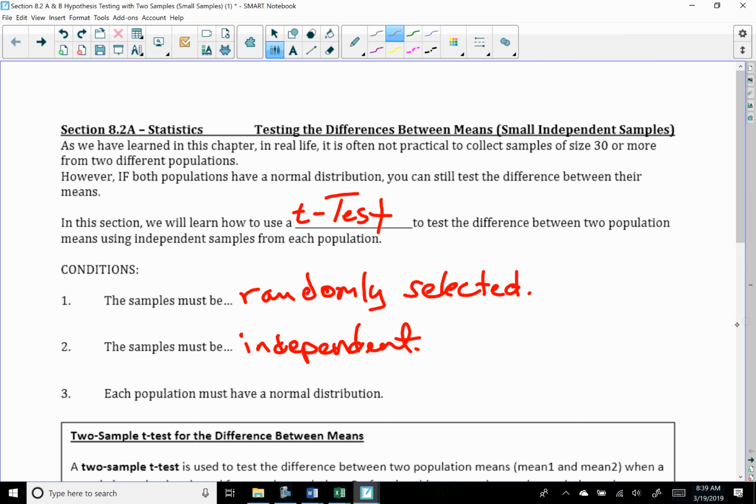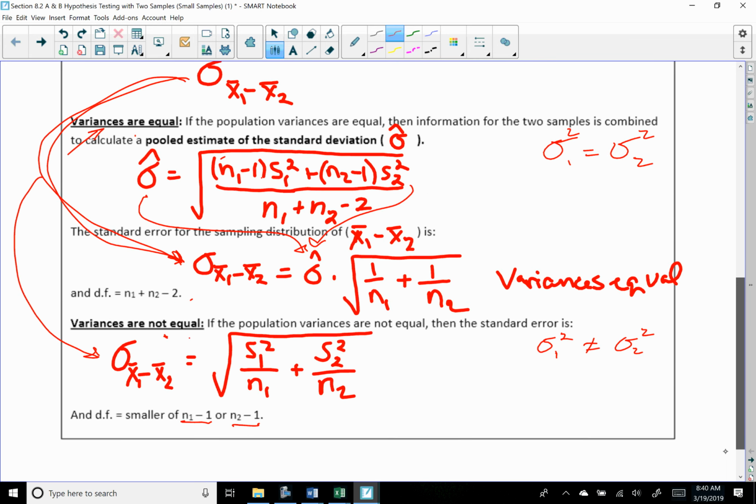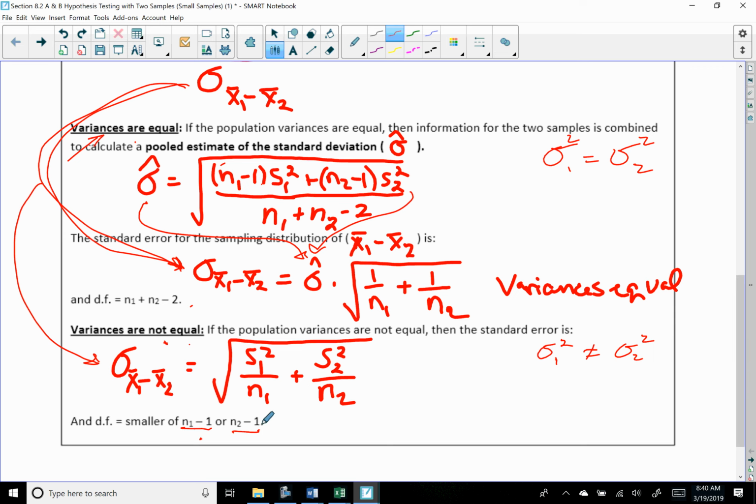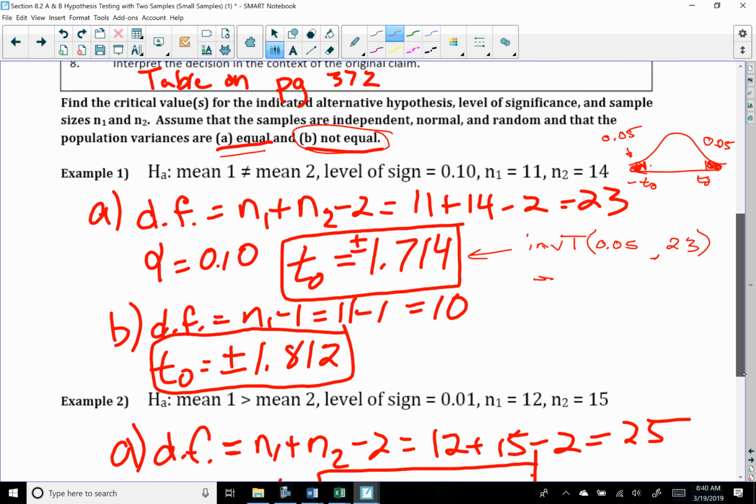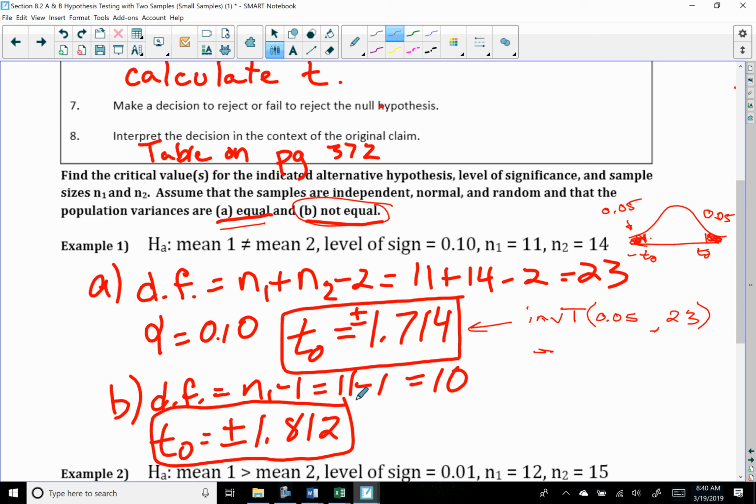So now, what happens when we do this for variances that are not equal? Okay, so variances are not equal. Degrees of freedom is the smaller of either n1 minus 1 or n2 minus 1. So the smaller would be n1 minus 1, right? 11 minus 1 is 10. Again, two-tail, area of 0.05 in each tail.